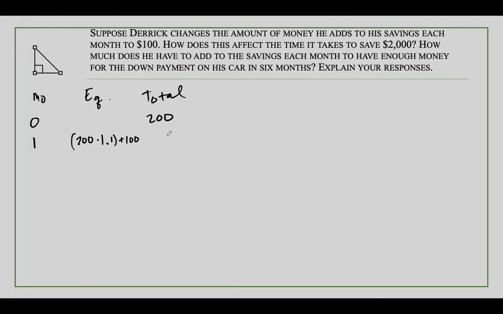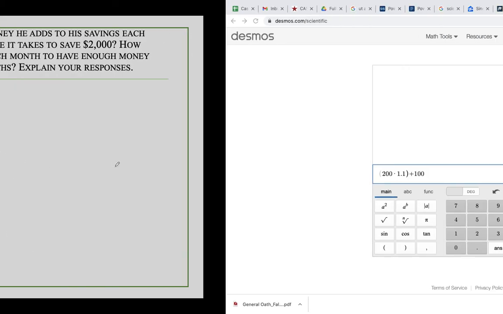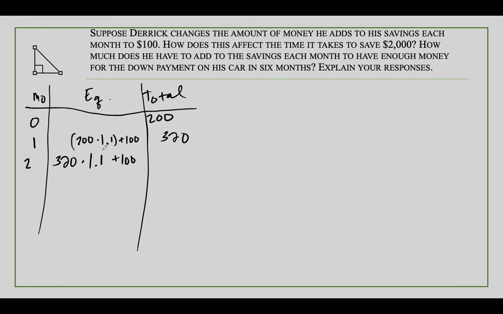That's 320. After month 2, it'll be 320 times 1.1 plus 100, which is $452.